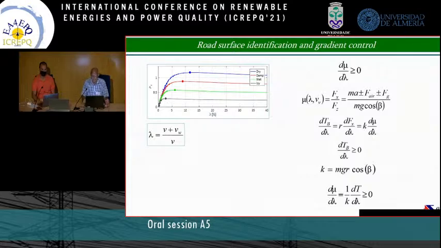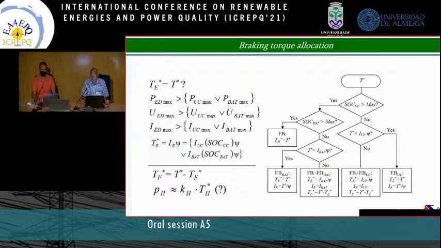The system has a torque allocator. This torque allocator tries to understand how to apply this torque to our system. Our goal is to apply fully electrical torque. It's impossible because of many limitations: state of charge, voltage limitation, current limitation, power limitation.